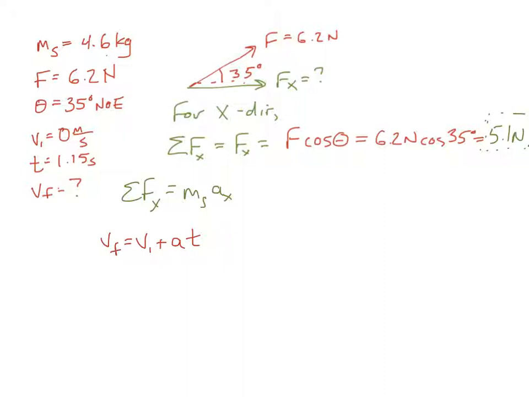So why can't we rearrange that and solve for acceleration? V final minus v initial divided by time equals acceleration. And by the way, all this is in the x direction.